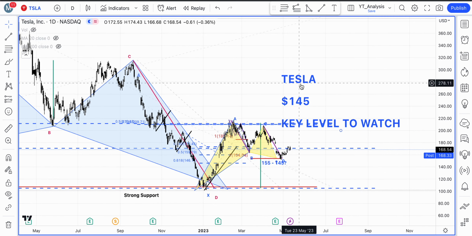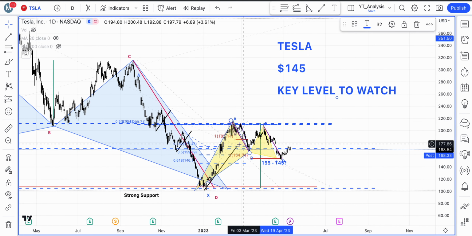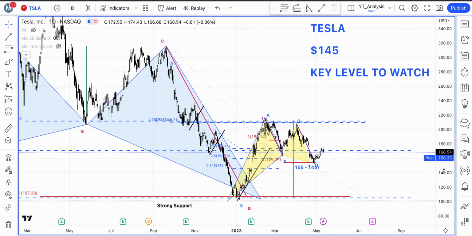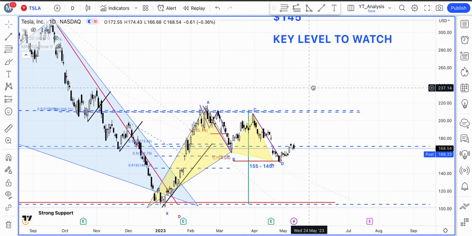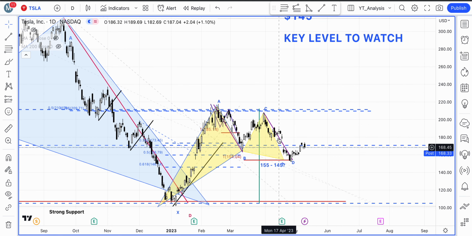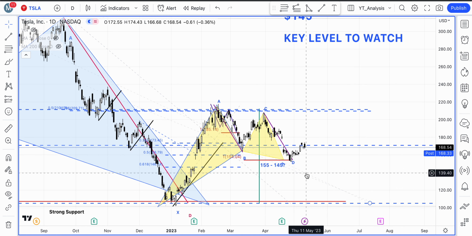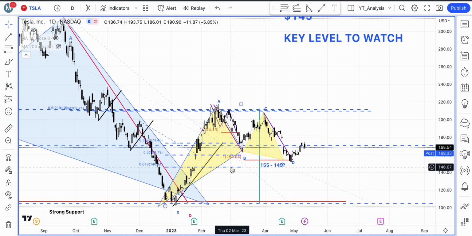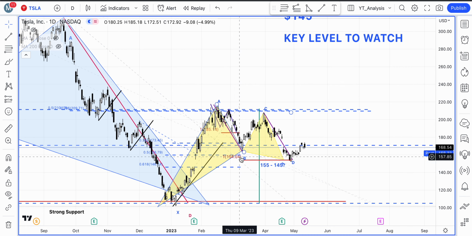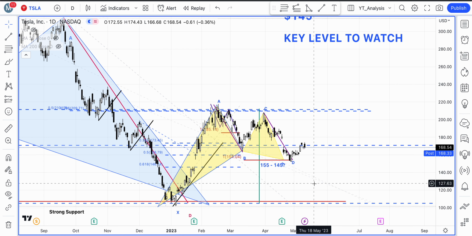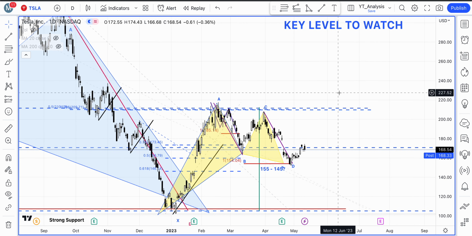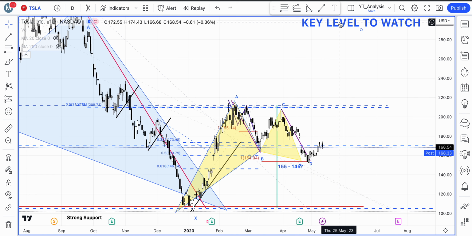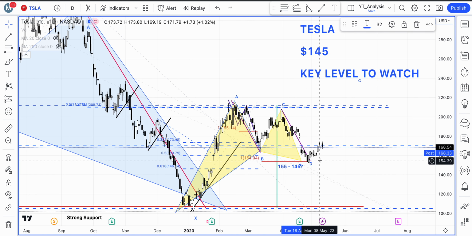So guys, Tesla stock is very interesting, because in the yellow you see this pattern which we had highlighted in advance, and this ABCD is actually a one-to-one price projection, and it was fairly close to this 61.8% Fibonacci retracement, about $10 lower, and Tesla stock moves quite a lot, so $10 might not be too much in Tesla.